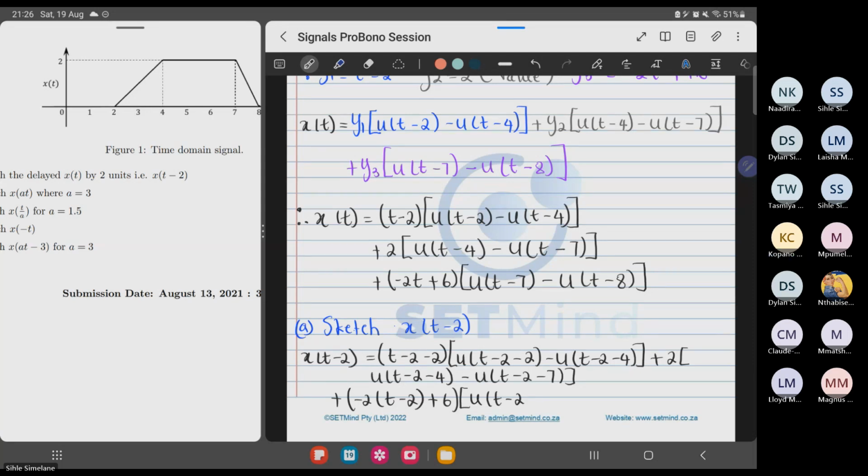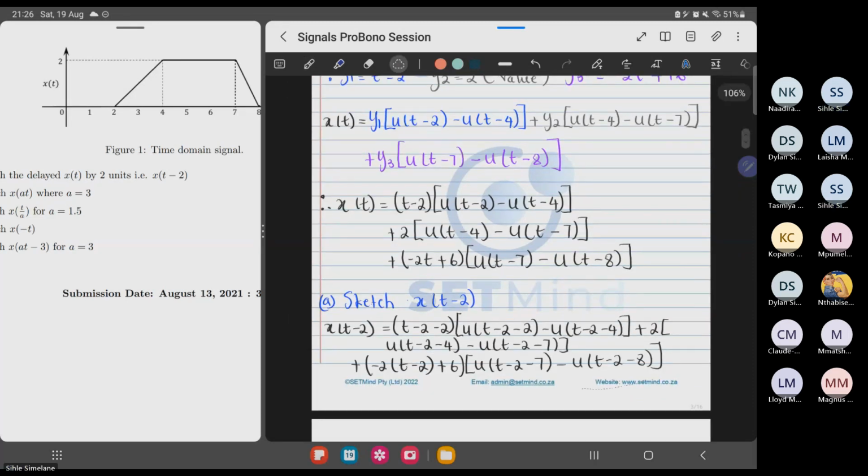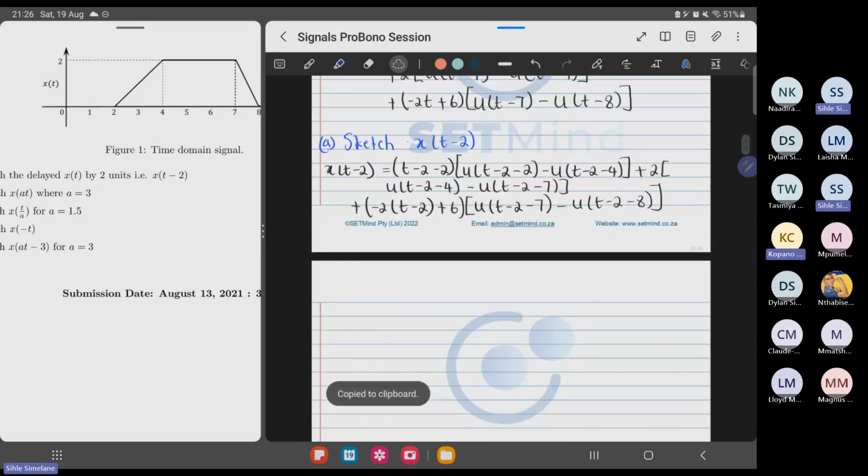No. Okay, no problem. So where we see t, we put t minus 2. So t minus 2 minus 7, and then minus t minus 2 minus 8. Okay, let's quickly copy this, go to the next page, combine it, and then plot our graph.